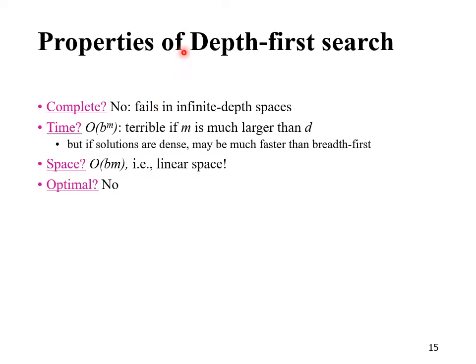Its time complexity is order of b to the power m. It's very high, terrible if m is much larger than d. But if solutions are dense, it may be much faster than breadth first. Space complexity is order of b times m, that is linear space. It's not optimal.